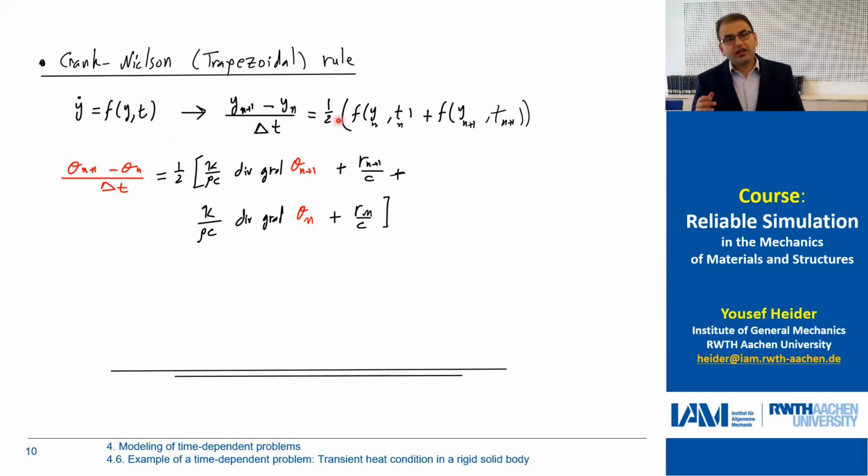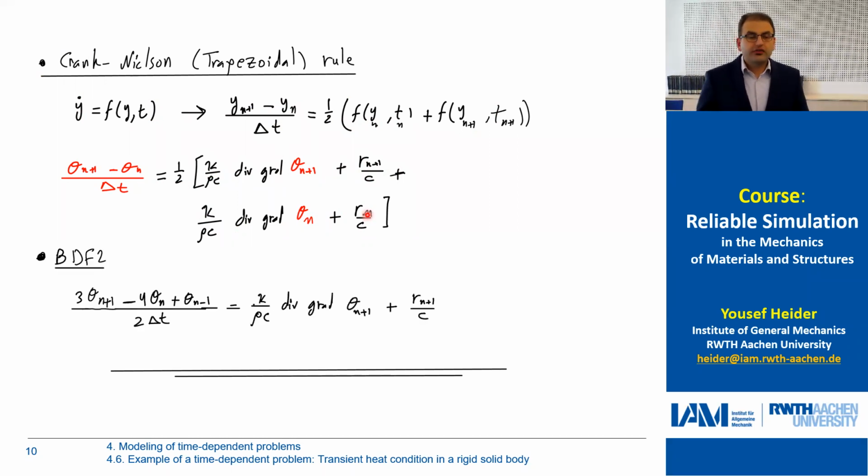Applying this to our energy balance equation, we have (zeta_{n+1} minus zeta_n) divided by delta t equals half times the evaluation of our function at the next time step plus the evaluation at the previous time step. So we have zeta_{n+1}, zeta_n, R_{n+1}, and R_n. This is how we apply the Crank-Nicolson or trapezoidal rule.